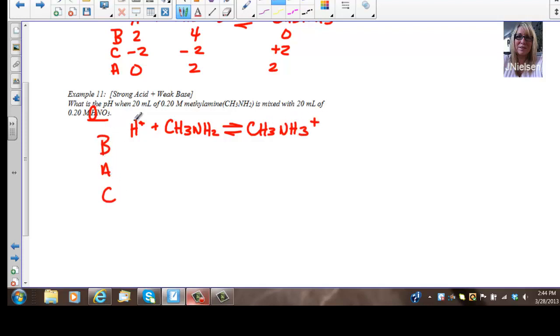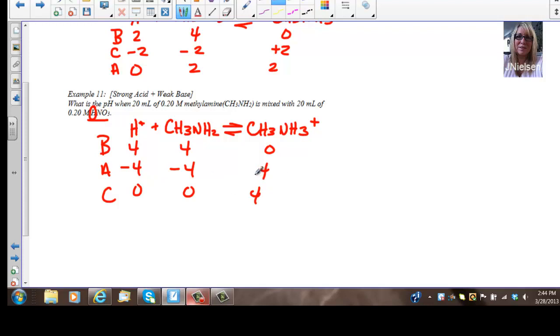Let's look at what we have. I think we're starting with the same numbers. 20 times 0.2 is going to give me 4 on this. 20 times 0.2 is 4 on this. 0, I can see what's happening here. What's happening? 4, 4, 4, 0, 0, 4.